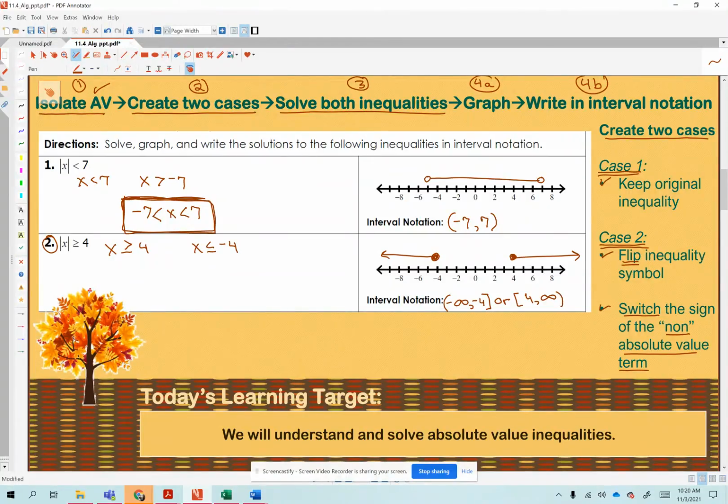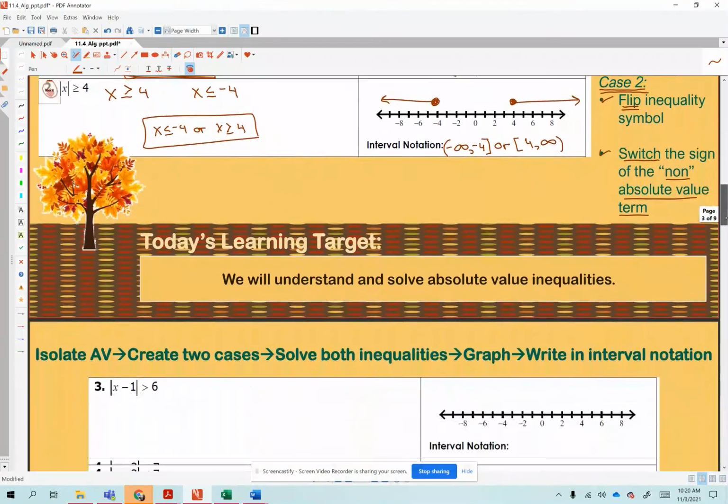Parentheses always go around infinity. We can write our final answer as x is less than or equal to -4, or x is greater than or equal to 4.